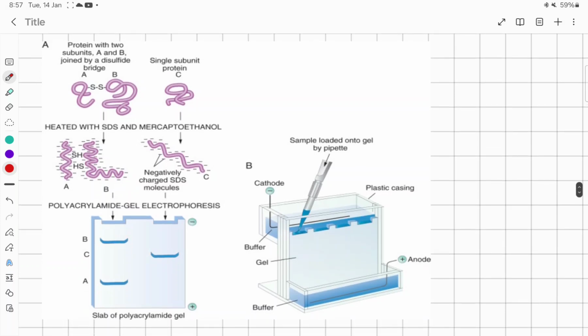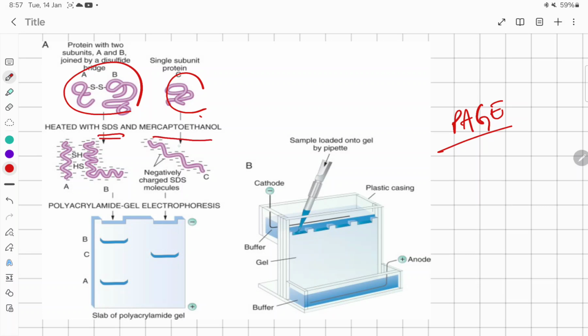Next, this is PAGE, or polyacrylamide gel electrophoresis, where we take the protein sample and heat it with SDS and mercaptoethanol, and the proteins become negatively charged. So we call SDS an anionic reagent. It makes the protein negatively charged.